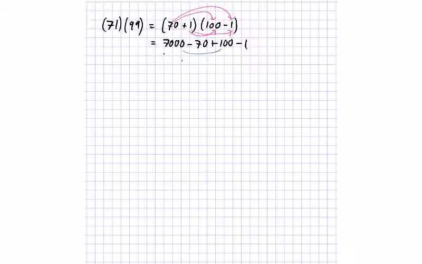So I'd have 7,100 minus 70, 7,030, minus 1 is 7,029. So that's a way to use the distributive property to make that easier. You also could have divided it up and said 71 times 100 minus 1. That would also be relatively easy to do in your head if you had to.